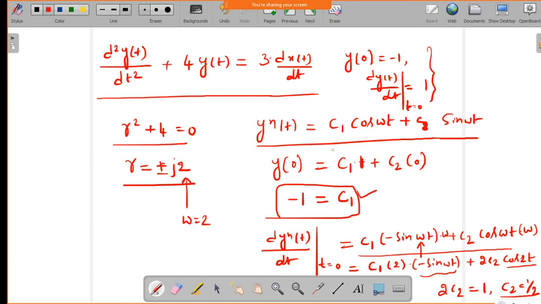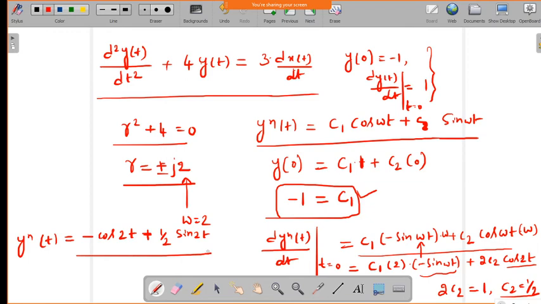Now if you put in this equation, you will get the final solution, that is yn of t, which is equal to C1 is -1, that is minus cos 2t, you can substitute omega, and C2 is nothing but plus half into sin 2t.